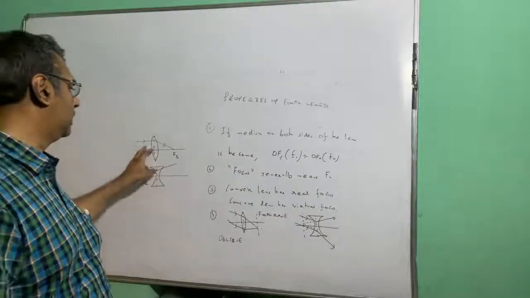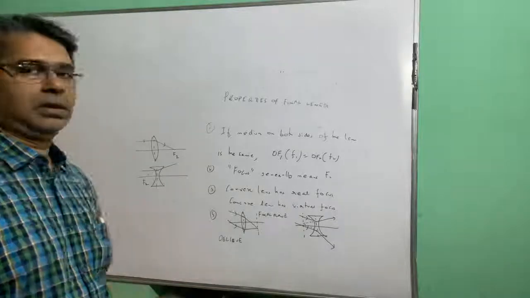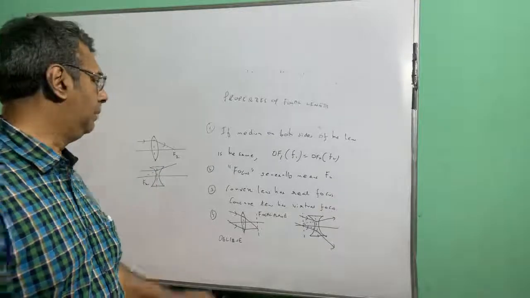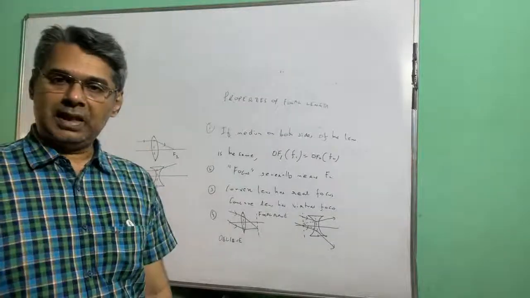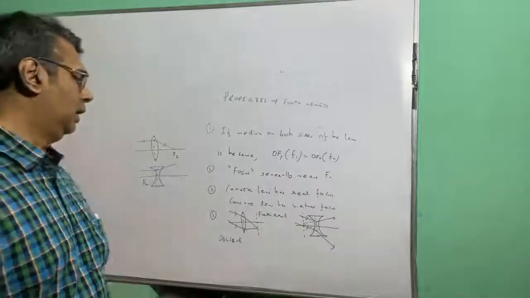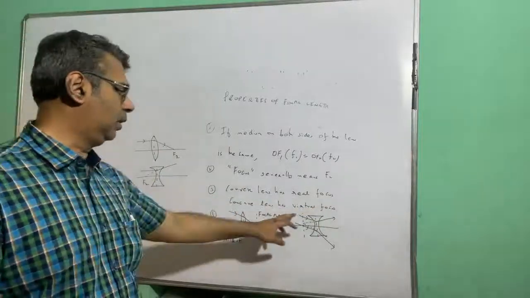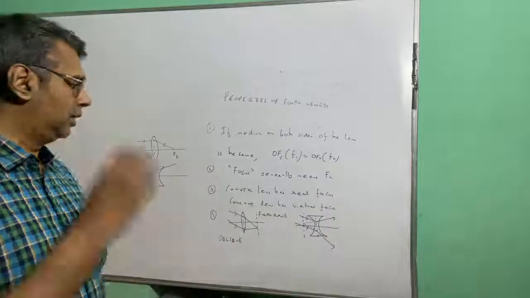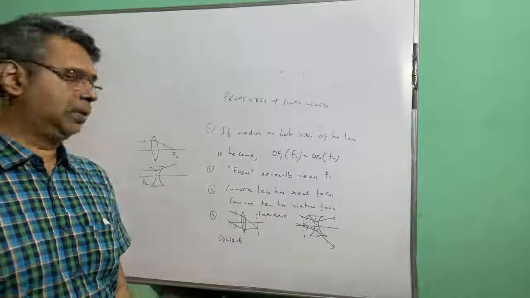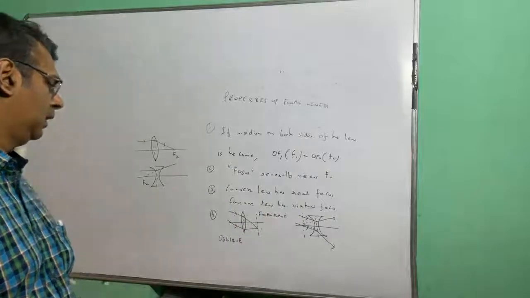In a convex lens it is on the right hand side, and in a concave lens it is on the left hand side, because the definition of F2 is that the ray parallel to the principal axis in a convex lens actually meets at F2, and in a concave lens it appears to be coming out of F2. When it actually meets, we say it's a real focus, and when it appears to be coming out, we say it's a virtual focus. Real focus means the ray actually goes there, and virtual focus means the ray appears to be going from there. So a convex lens has a real focus and a concave lens has a virtual focus.